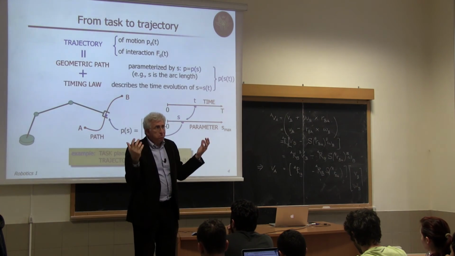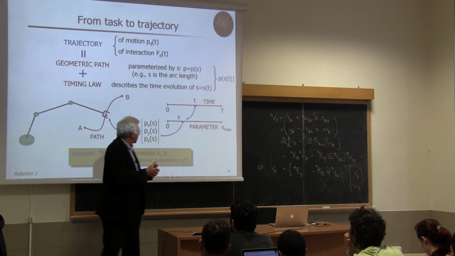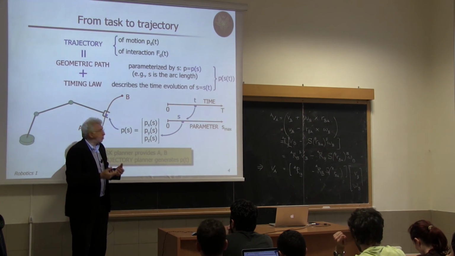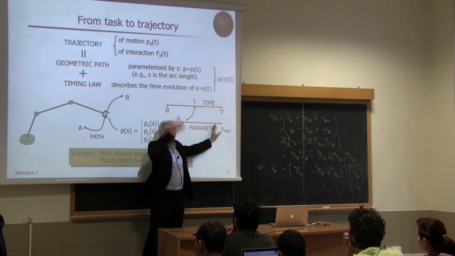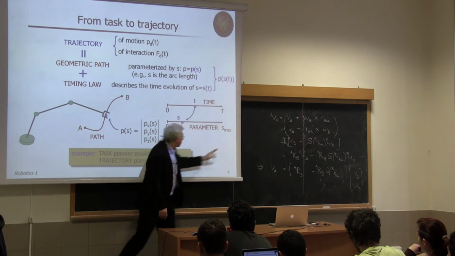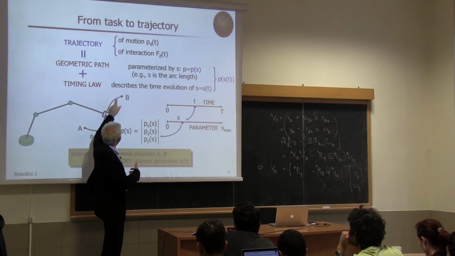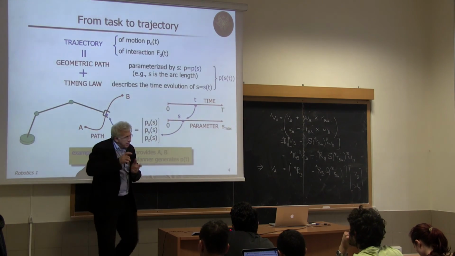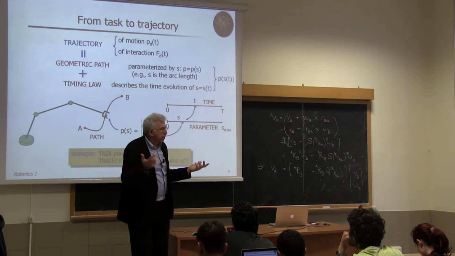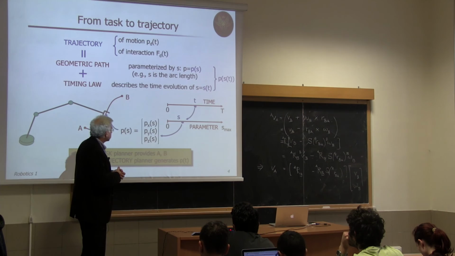Or I can forget about this association and just say the path parameter is some value that goes from 0, it increases only, and until 1, let's say, and when I'm in 0, I'm here, when I'm in 0.2, I'm here, 0.8, 1, I'm here. Okay, so it is not strictly related with the actual length of this path. Okay, you can do both choices.